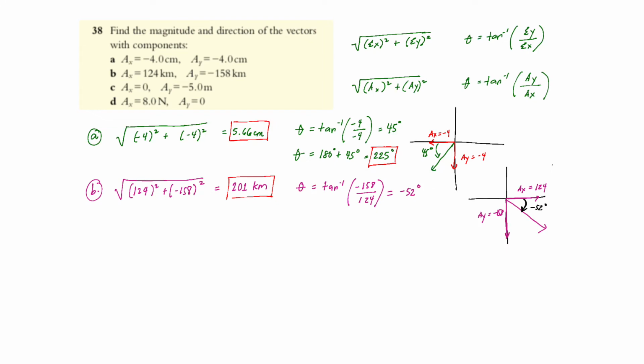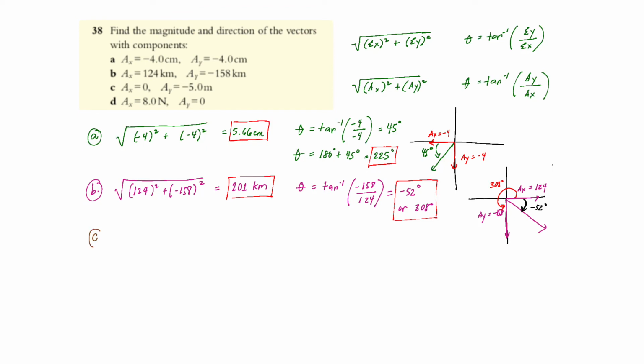So our answer could be negative 52, or from here up to here, that is 360 minus 52, which is around 308 degrees. So our final answer is 201 kilometer at an angle of negative 52 degrees or 308 degrees.